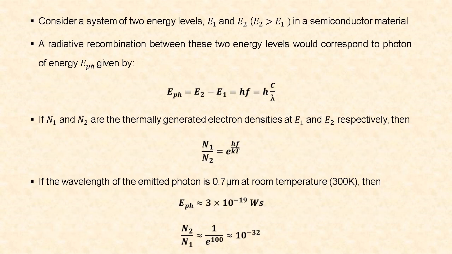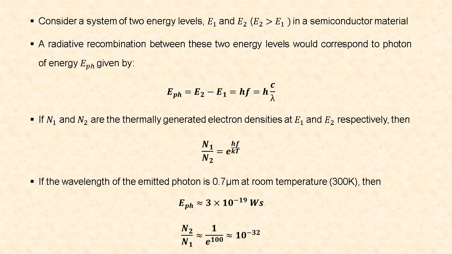Now let us consider a system with two energy levels E1 and E2, with E2 greater than E1, in a semiconductor material. E2 is the higher energy level, E1 is the lower energy level.